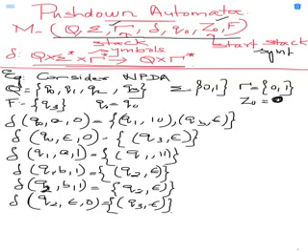So z0 will be considered as the initial or start stack symbol of the stack, and gamma will be considered as the set of stack symbols that can be used in the problem.